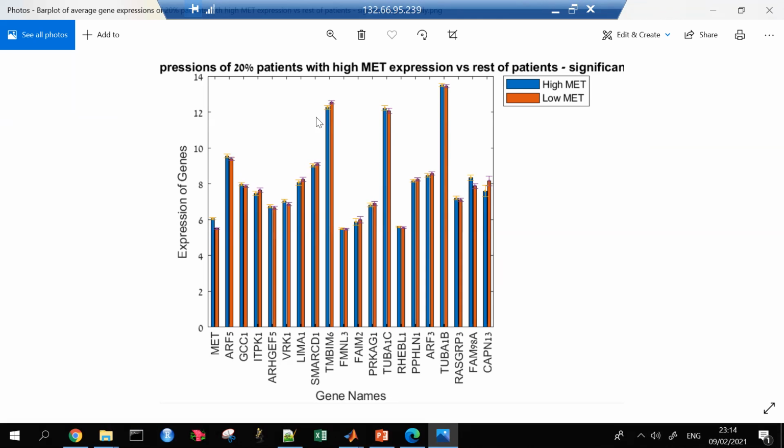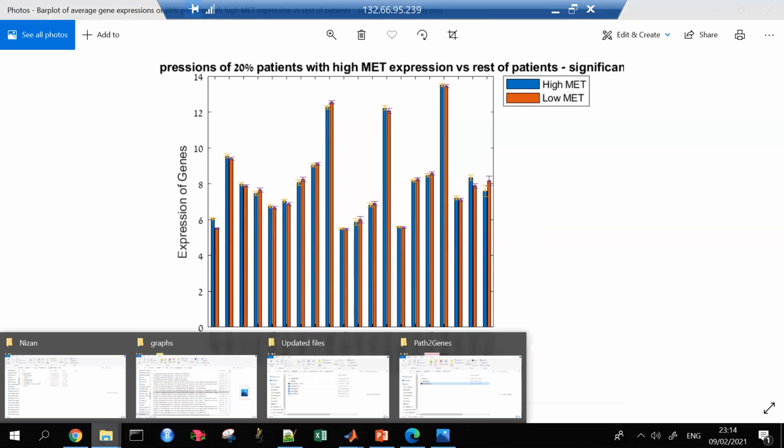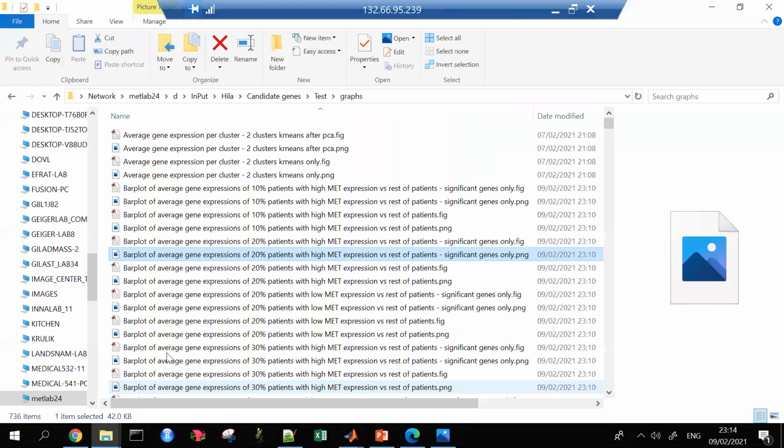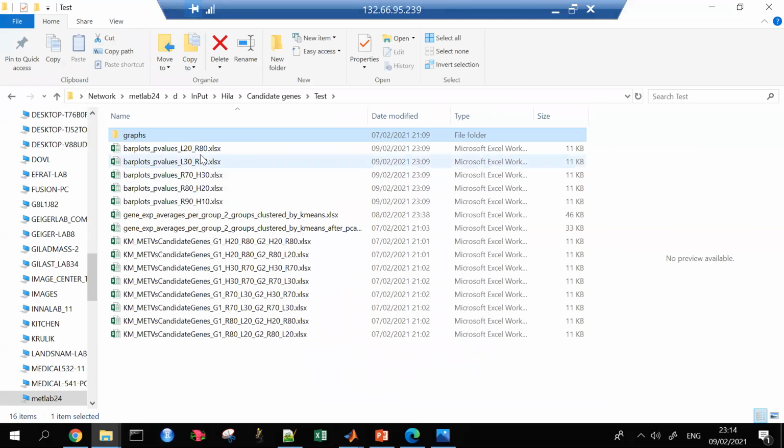It's quite hard to see if there is any difference in other genes when you separate by MET. Perhaps TMBIM6. Let's go to the table of this graph and look at what it is.